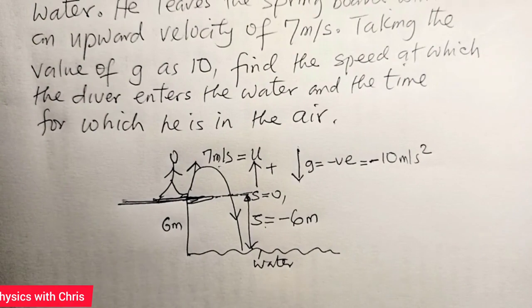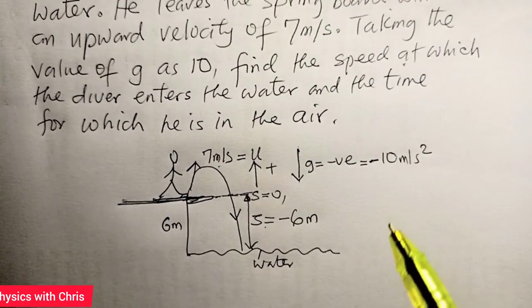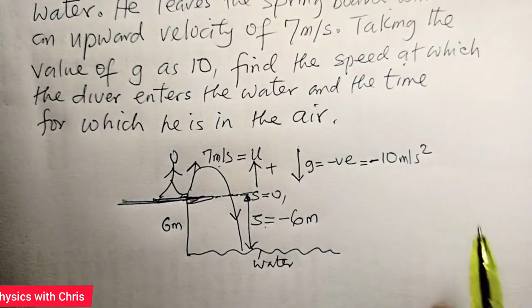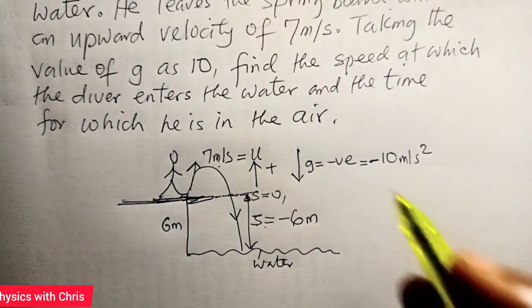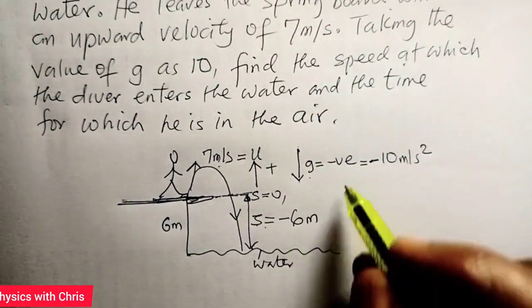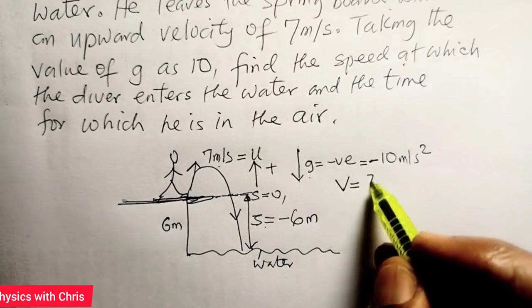Now, what equation do you think we should use to solve this problem, to calculate the speed of the diver? If I decide to use the second equation, because I have my u, I have my s, I have g, then I need to find v, which is unknown.